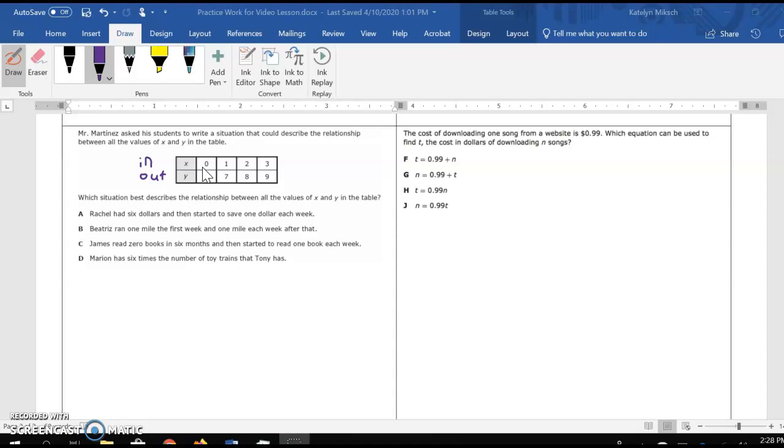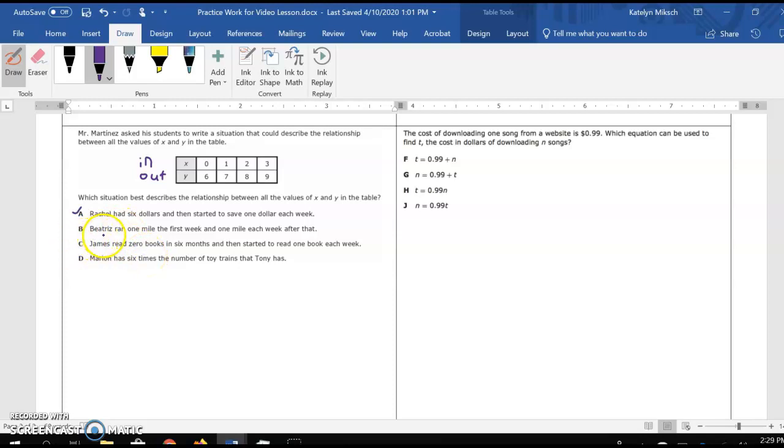So at the very beginning of her tracking period, she has $6. 1 week goes by, she's saving $1 each week, so now she would have $7. 2 weeks goes by, she has $8. 3 weeks goes by, she has $9. That sounds like a pretty good description to me, but let's just look at the others and make sure that's the best.